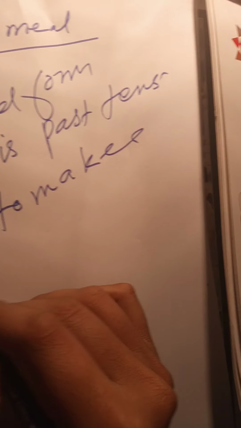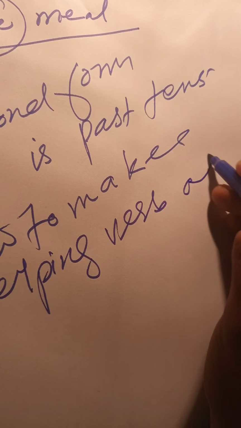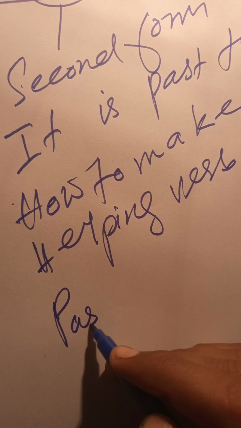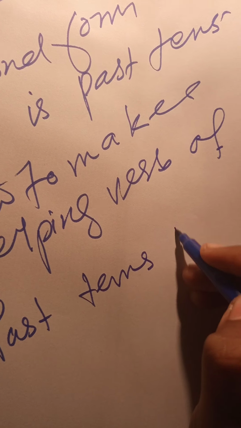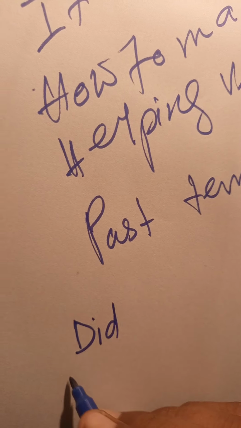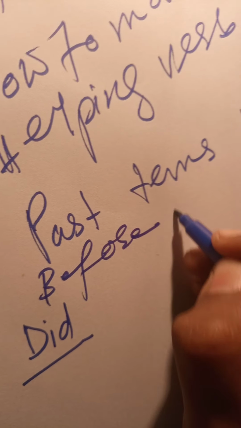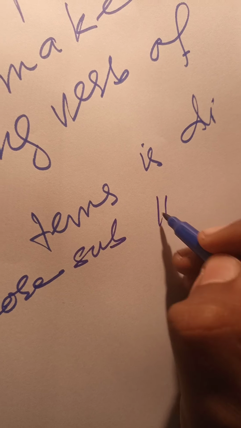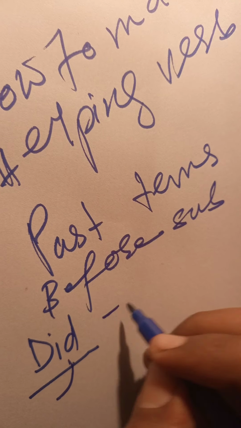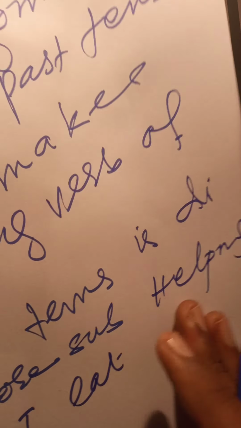The helping verb of past tense is did. Now did comes first, before the subject: helping verb did, then subject, then this second form converts into the first form, eat meal.